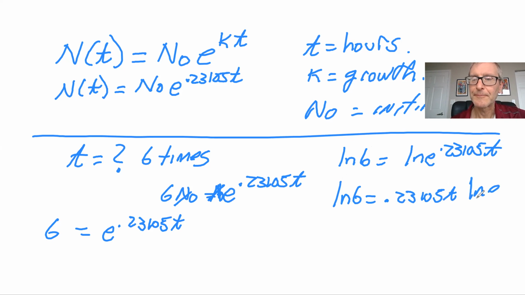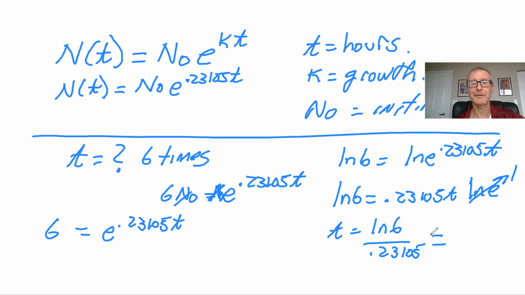Natural log of e goes to 1. And so t equals natural log of 6 over 0.23105. Let me get my calculator out, and you would get 6 natural log, and then you divide by 0.23105.